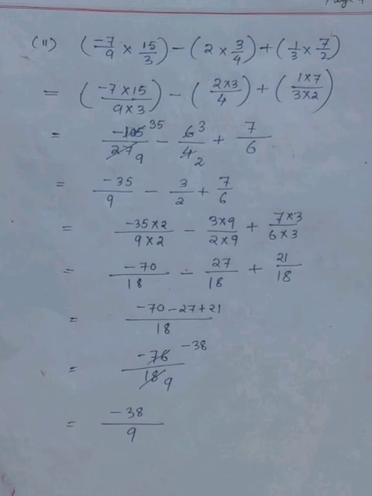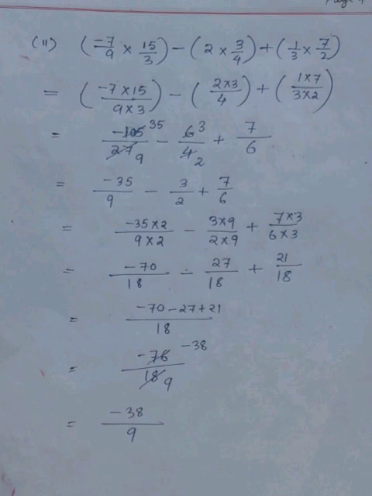So again using the property of multiplication, minus 7 into 15 divided by 9 into 3 minus 2 into 3 divided by 4 into 1 plus 1 into 7 divided by 3 into 2. It will give minus 7 into 15, it is minus 105 divided by 27, and we have converted it to standard form as minus 35 by 9.